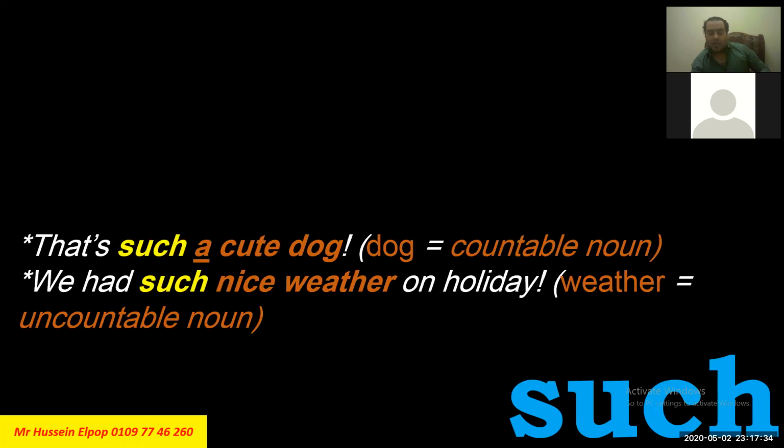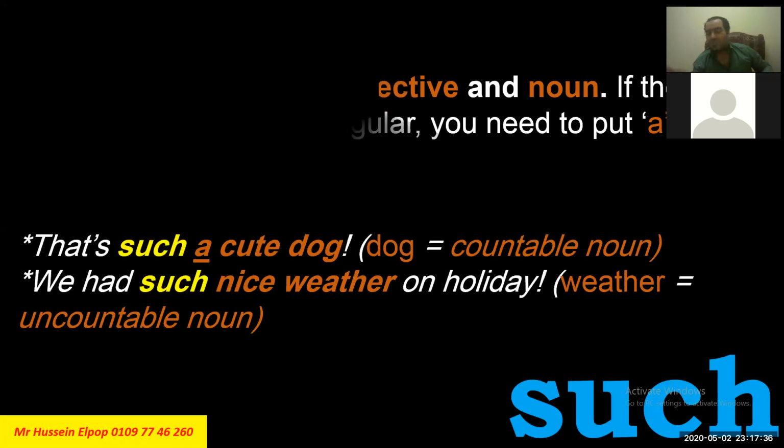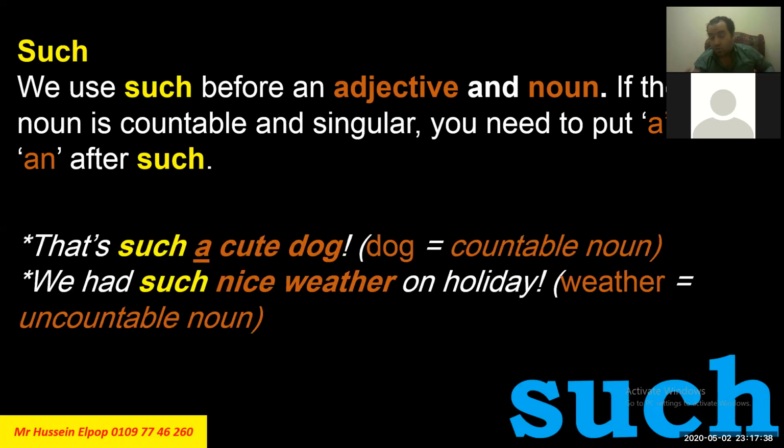So that's why you said that's such a cute dog. You're talking about the dog. Sometimes you may put an adjective in between. So we use such before an adjective and noun. If the noun is countable and singular, you need to put a or an. If it's uncountable, you can't use a or an.